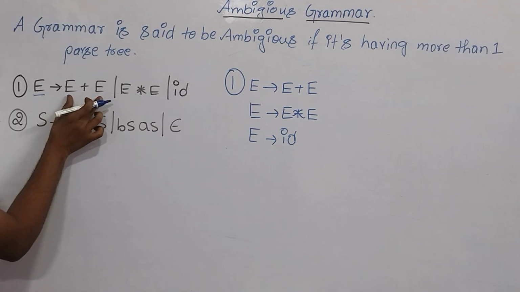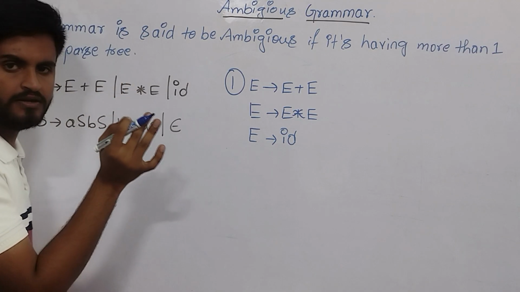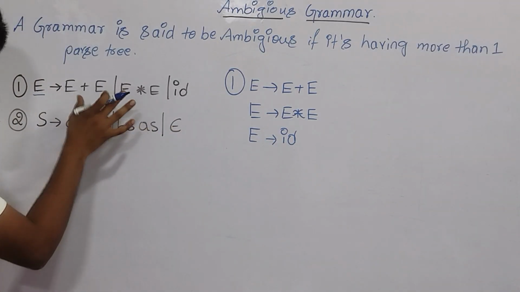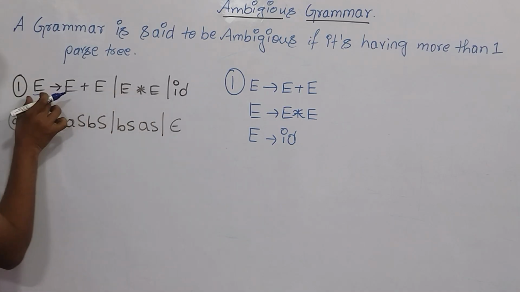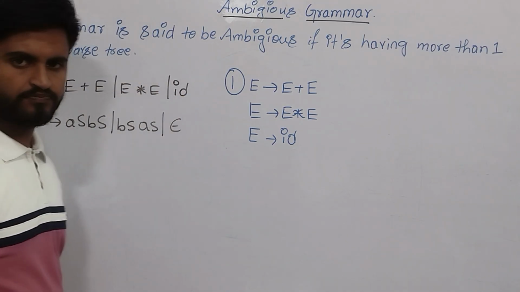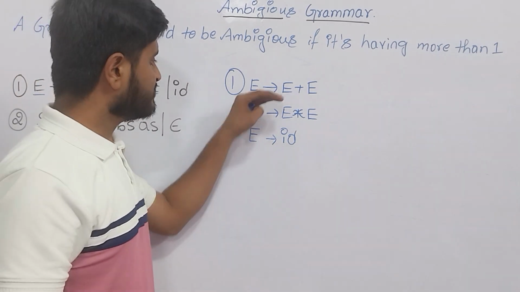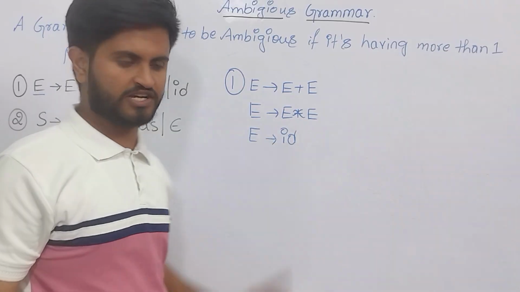E producing E plus E, slash, which is the separator of the different productions, E star E, produced by the same producer E, and E producing ID is the third production. So using these three productions, let us try to build more than one parse tree.